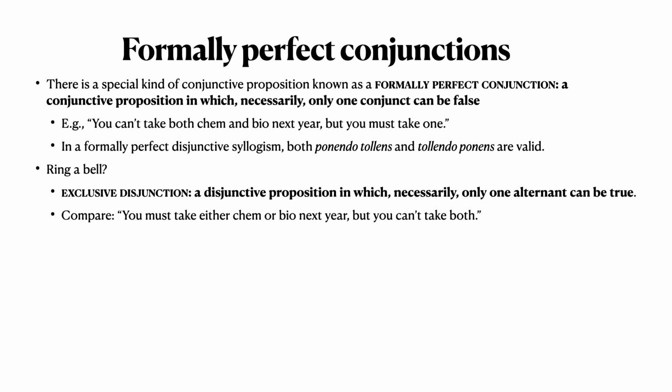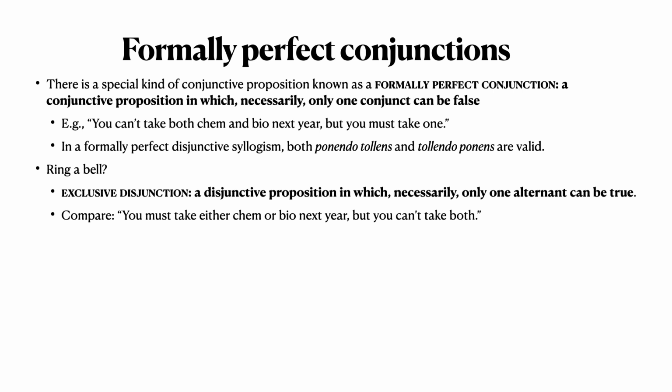You must take either chem or bio next year, but you can't take both. Does it matter how I say this, whether I say it the first way or the second way? Not a bit. In other words, really what we have happening here with the formally perfect conjunction is logically entirely equivalent to the exclusive disjunction.